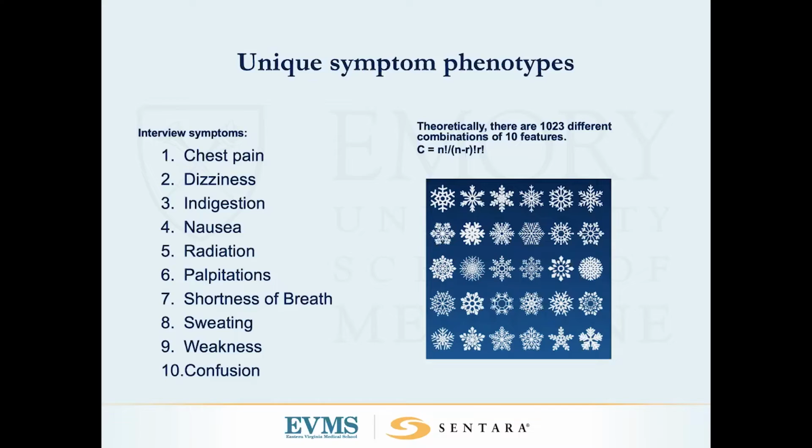Theoretically, if you try to figure out how 10 of anything combines, you can come up with 1,023 different combinations. And so these phenotypes are like snowflakes with a bunch of unique combinations of symptoms in individual patients.